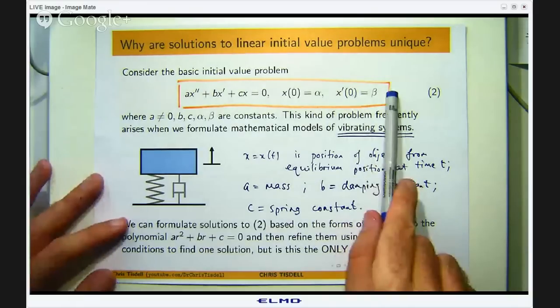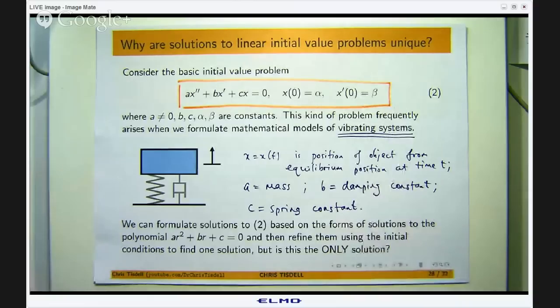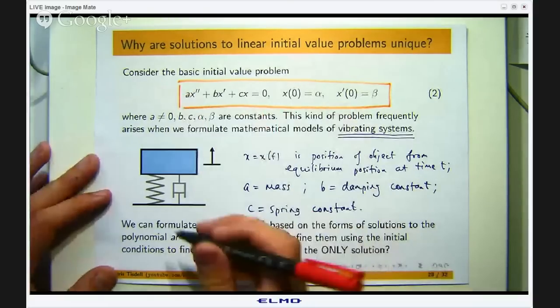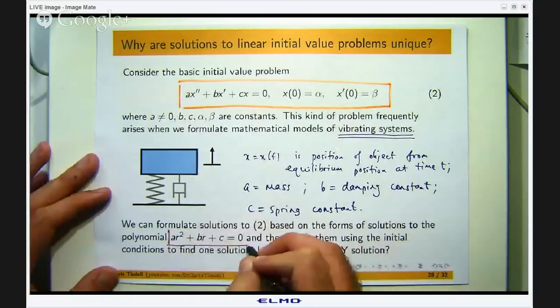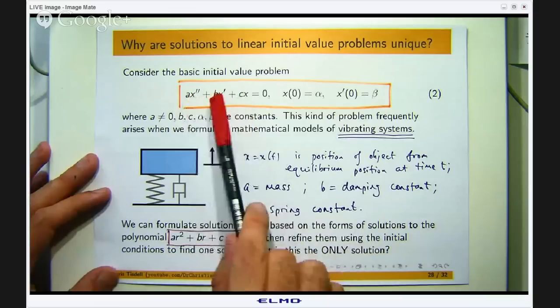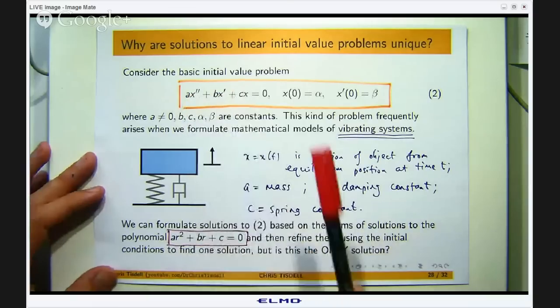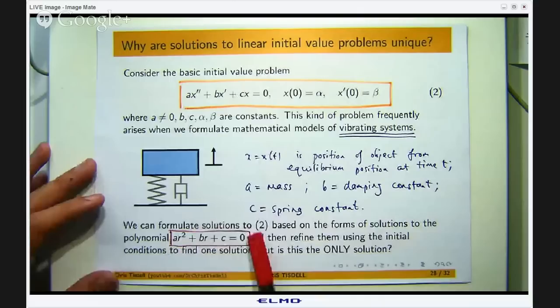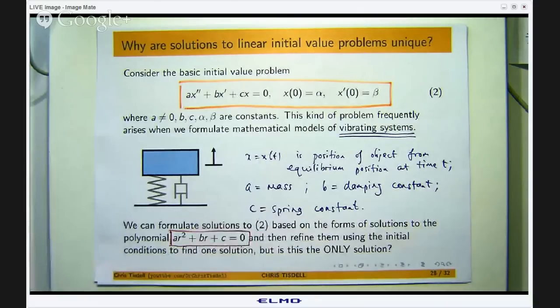Now, most people, after completing a first course in differential equations or a second course in calculus, hopefully know how to solve this kind of problem. You form a special quadratic or polynomial type equation associated with the coefficients of x double prime, x prime, and x. You factorize, or you solve this, and you analyze the roots.